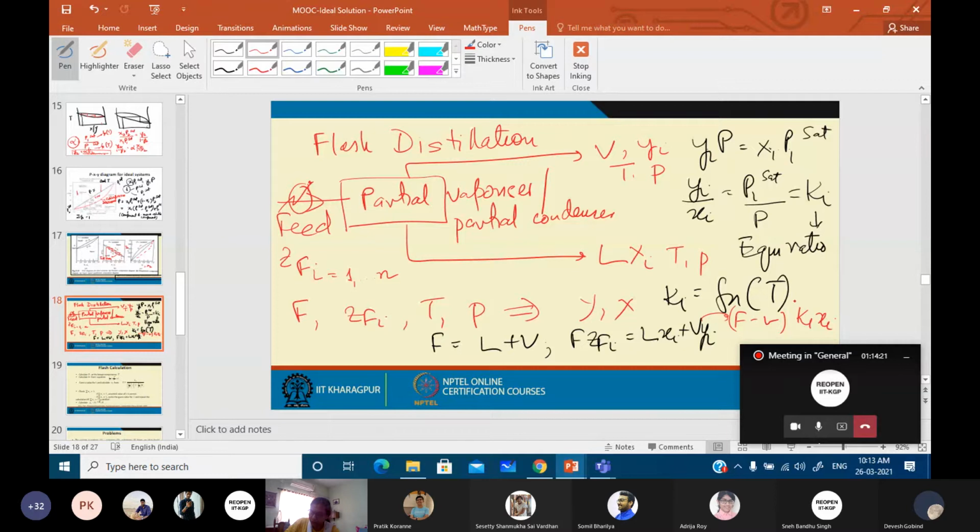Accordingly, you should be in a position to express Xi in terms of whatever is known. Known means you know F, you know ZF, and you also know Ki. So therefore, you should be in a position to express Xi in these terms. Do it and tell me. Just express Xi in terms of all known parameters and tell me the expression that you are going to get.